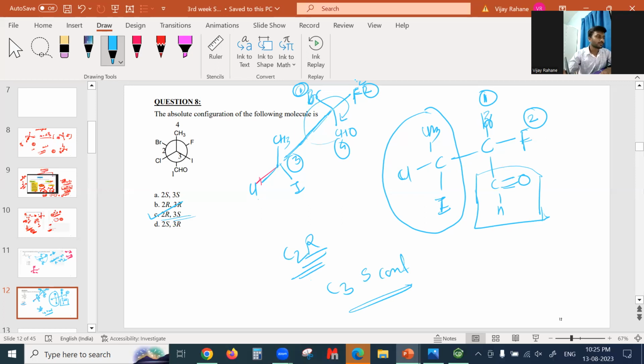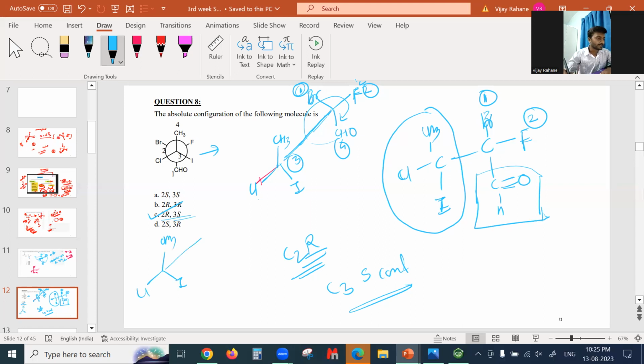We can convert this molecule into the Fischer projection formula. If you are not able to visualize the molecule in 3-dimensional form, you can simply convert it. So how can you convert this molecule into the Fischer projection formula? This will be the molecule with iodine, chlorine, and CH3.